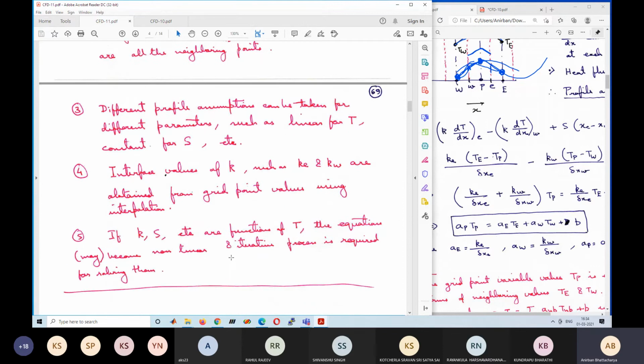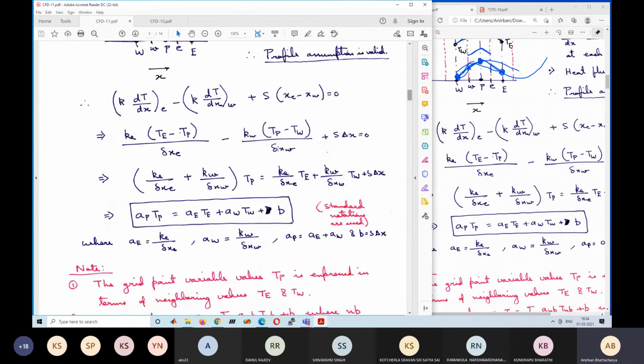So up to this point, is it clear? The role of the finite volume method is to find this discretized equation. Solution is not the role of the finite volume method. Once you find the discretized equation, you can use the same solution method for finite difference or finite volume. How to obtain the values of AP, AE, AW and B?